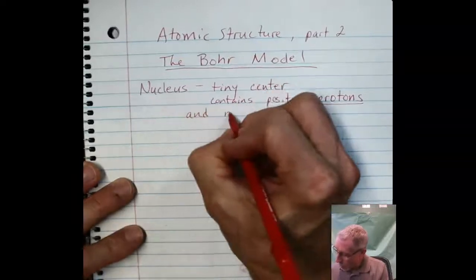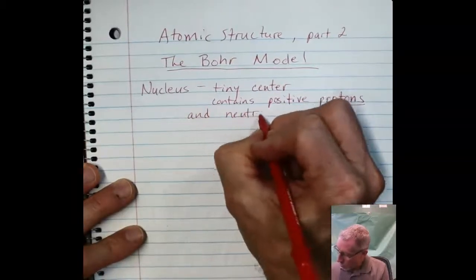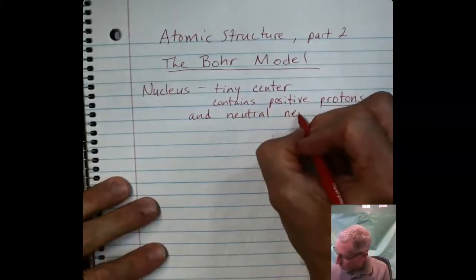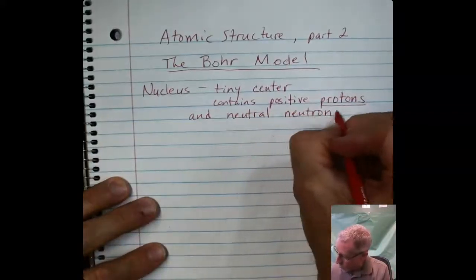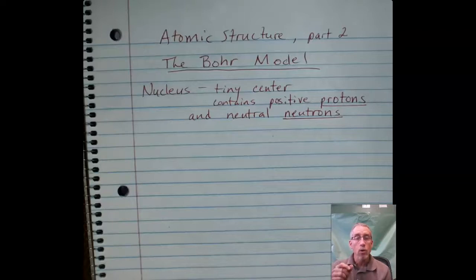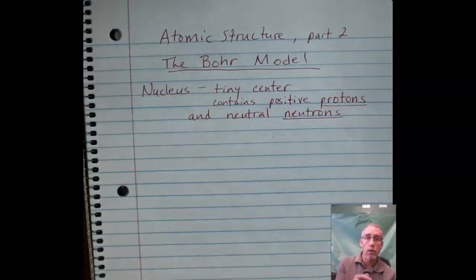So we call them neutral instead of positive or negative, and they're named neutrons. So even though it's the tiniest little part of an atom, it actually contains two of the three really important particles in the atom, and that is the protons with the positive charge and the neutrons with no charge at all.